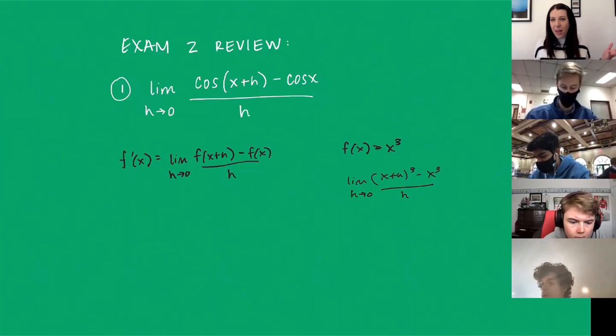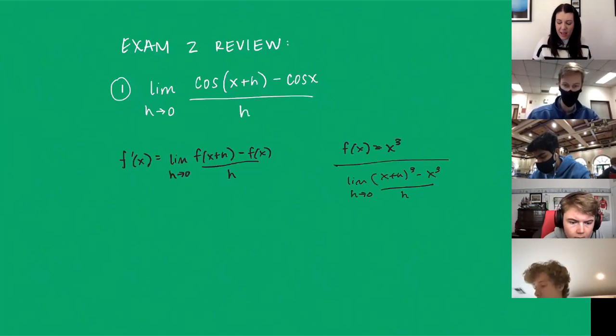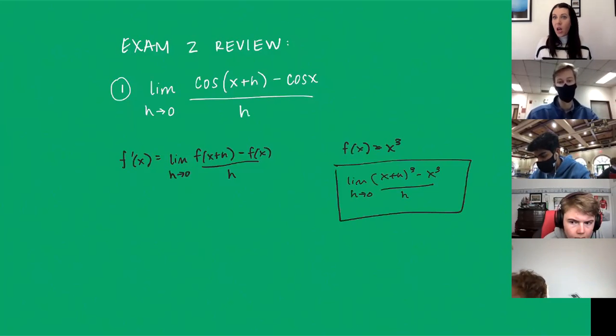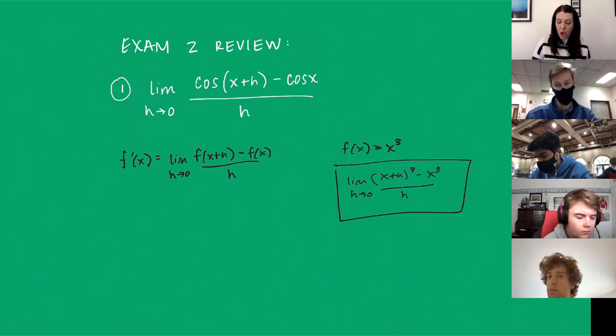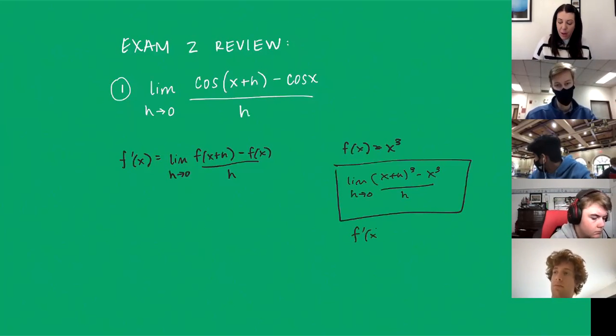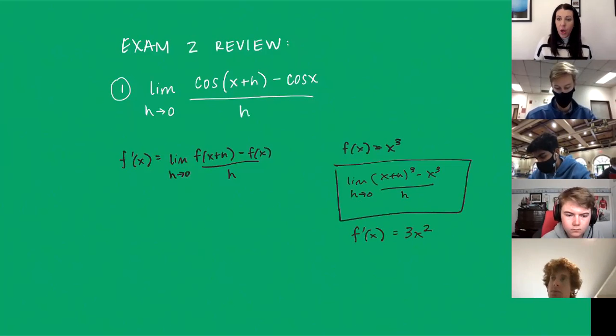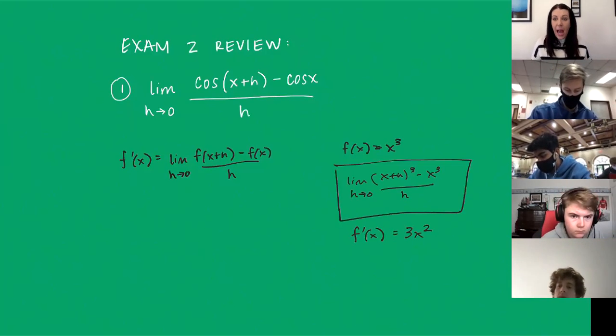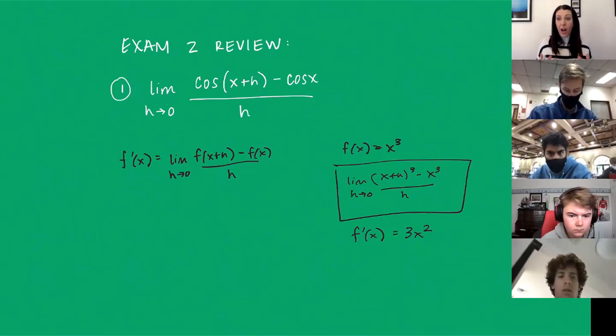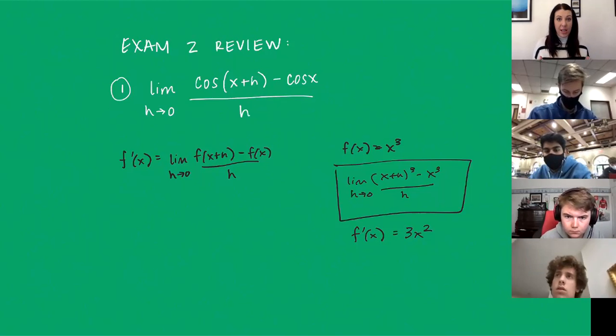But we know other methods. If I could recognize that all they're asking for is the derivative of x cubed, I would know the thing I'm trying to find is f prime of x, and I can use power rule, for example, and get 3x squared. So they're not expecting you to actually use the definition of the derivative here. What they're expecting you to do is recognize that that's what the question is.